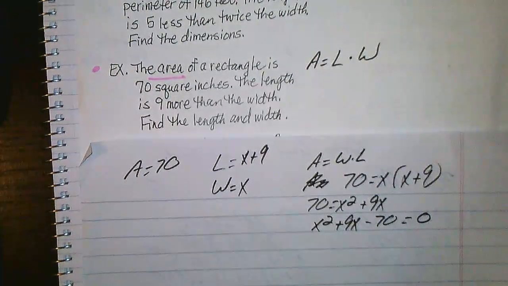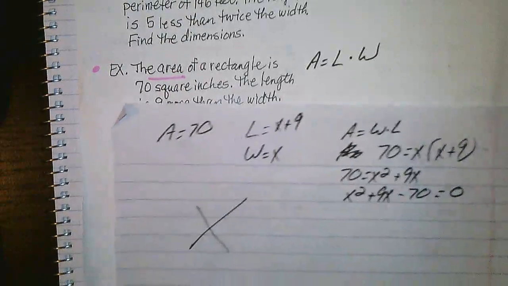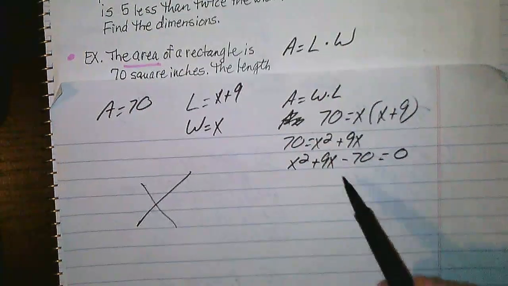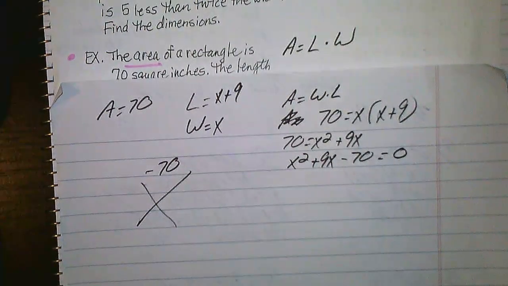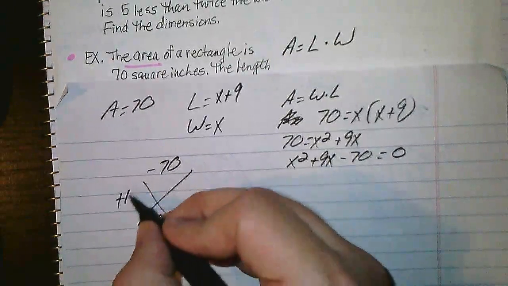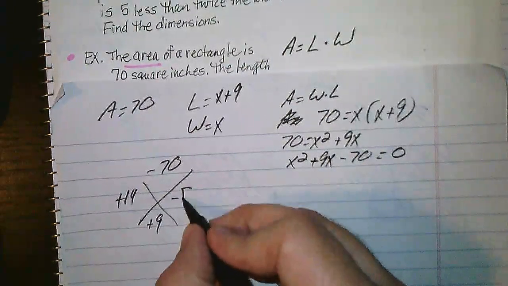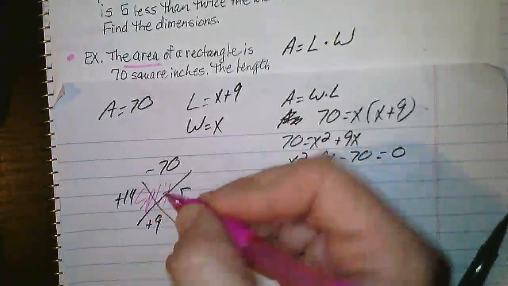And now I'm looking for factors of 70. You could use the formula here if you wanted, but this is definitely factorable. They wouldn't give you imaginary units when talking about dimensions of a rectangle. So here I'm going to use positive 14 and negative 5. And that's how we will split the middle term.